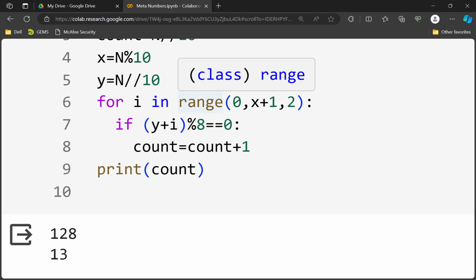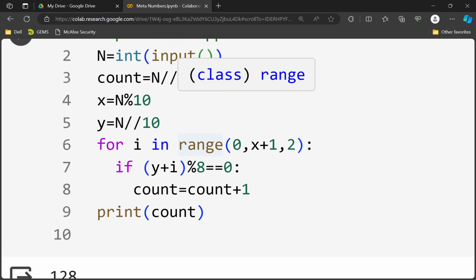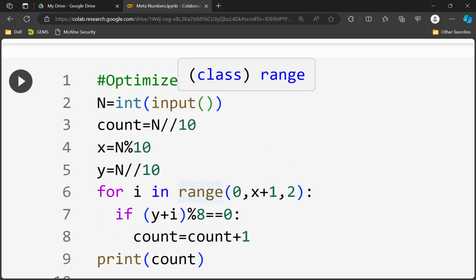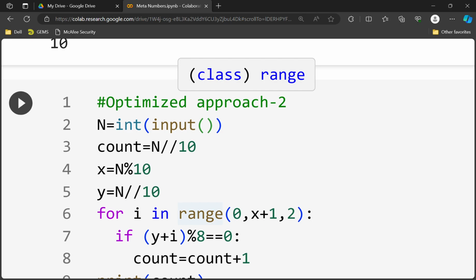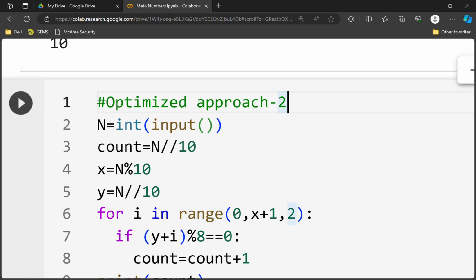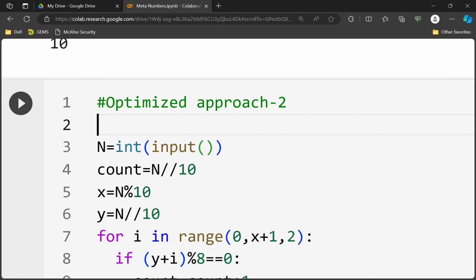If 1002 is not divisible by 8, count will remain the same. Okay. So likewise we will check with at most 4 iterations here. Then print count.